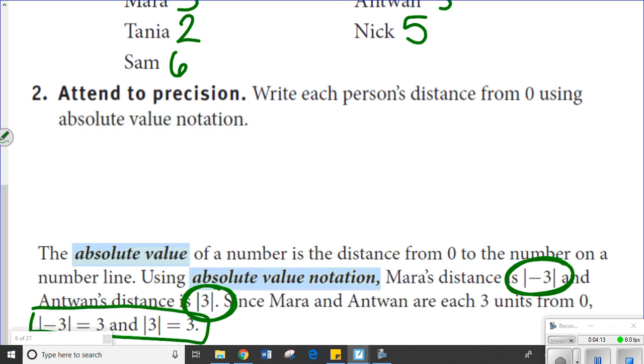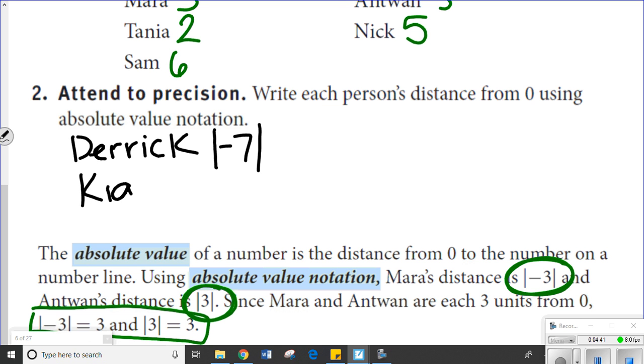So we're going to write out each person's distance from 0 using absolute value notation. Our first student was Derek. And where is Derek standing? Derek is standing on -7. So we're going to write the absolute value of -7.